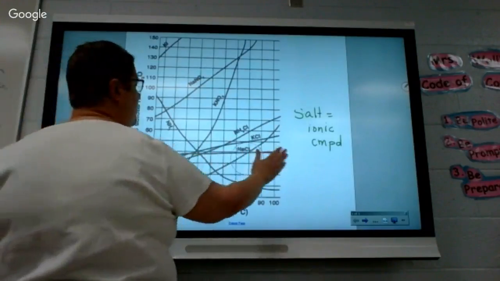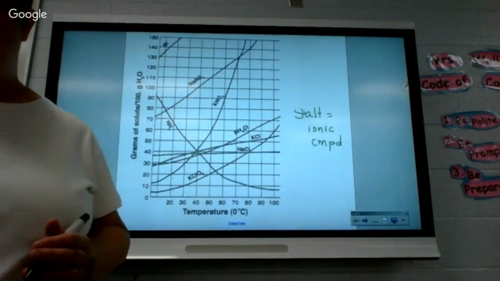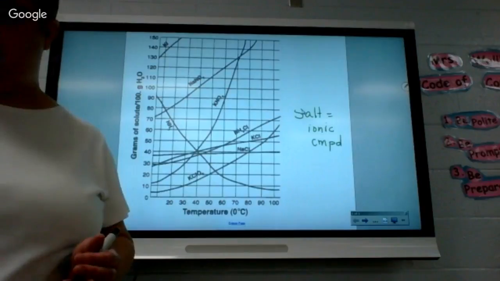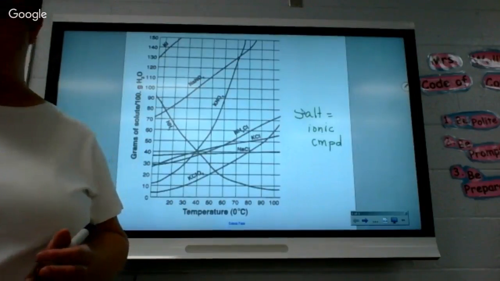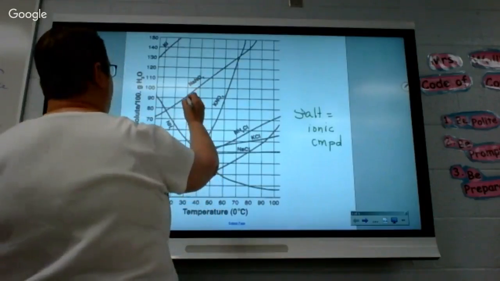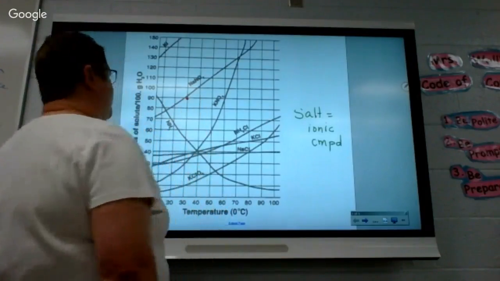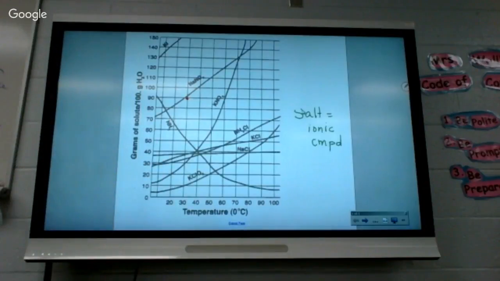Okay? Number 5. At 30 degrees and 90 grams, sodium nitrate is what? What is sodium nitrate? I'm going unsaturated. I'm going with it's a little below the line.